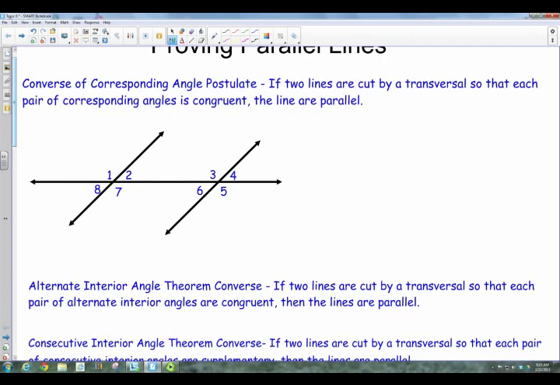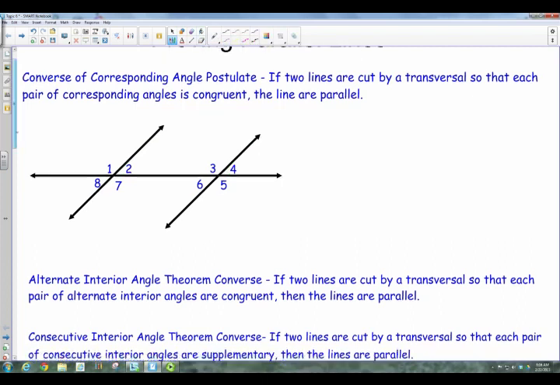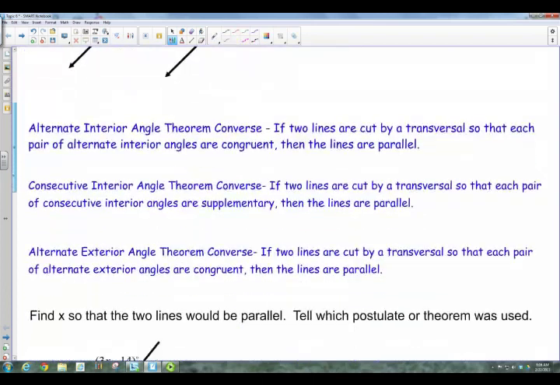Basically, if angle 2 and angle 4, which are corresponding, are congruent, so let's say this was 50 and this was 50, that would prove that those two lines are parallel. In the last section, we had to first tell you they were parallel before we solved for the problem. So it's just the inverse or the reciprocal of what we did before.